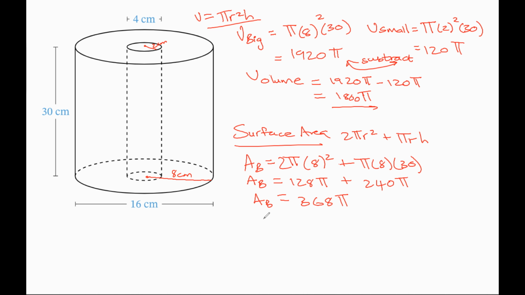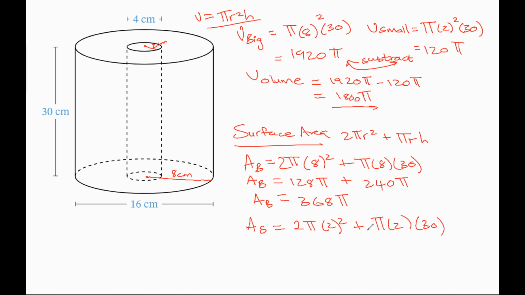Then we've got the small area on the same basis, but this time 2 pi times 2 squared plus pi multiplied by 2 multiplied by 30.